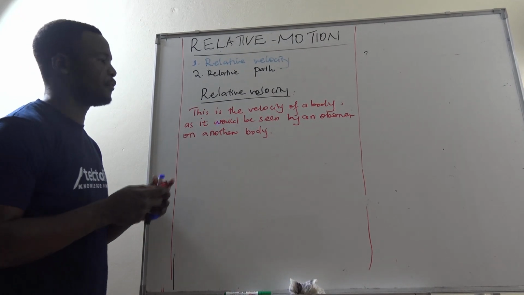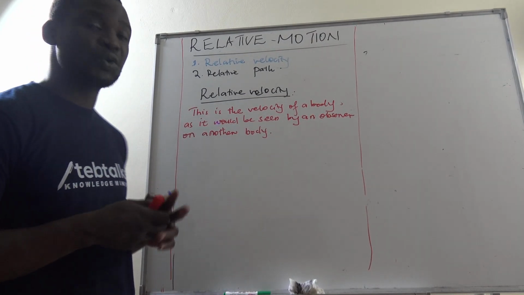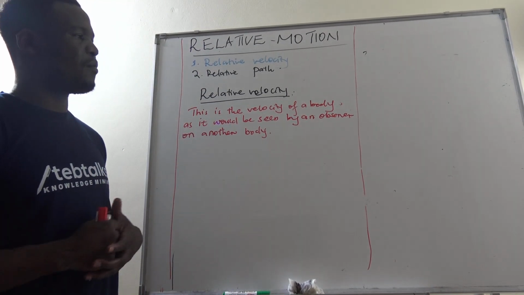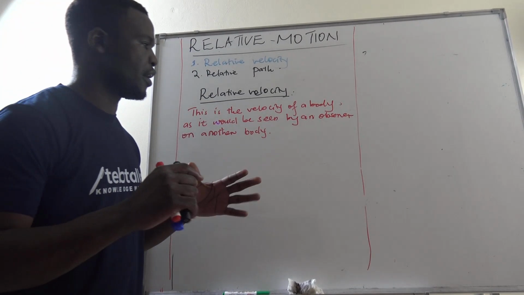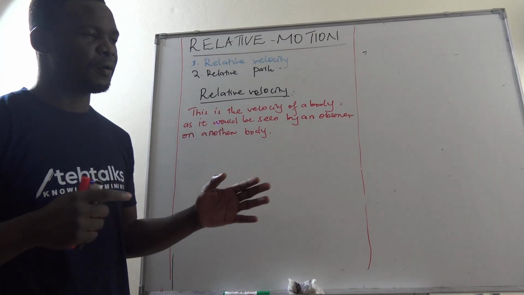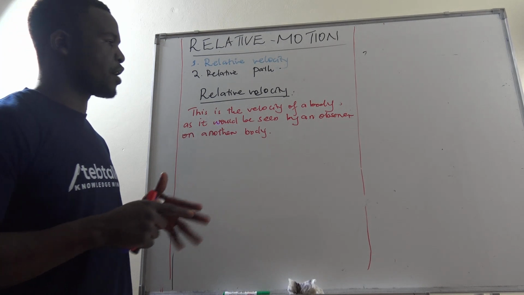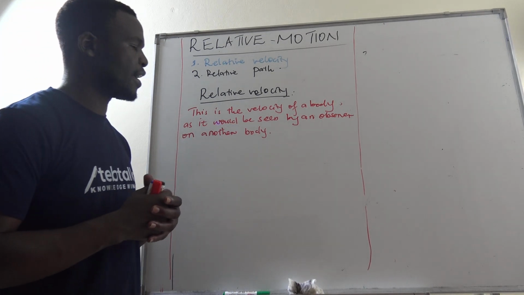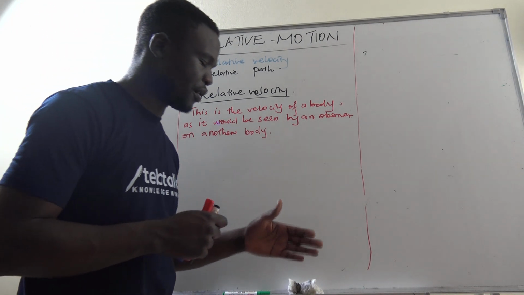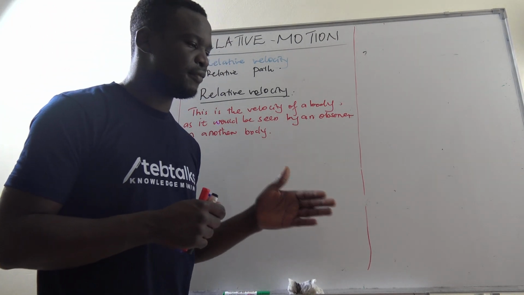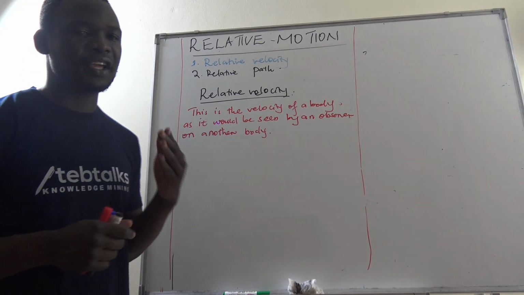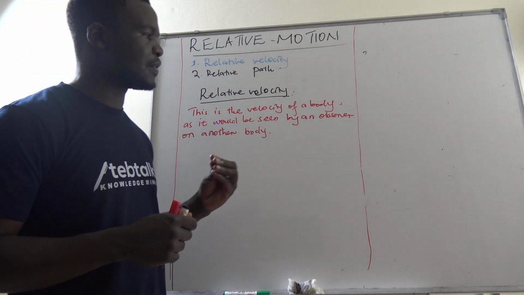That if you have maybe two bodies moving, maybe someone is in a Land Rover and then the other person is in a Primo. If these people are driving on the same path, the velocity with which the driver in the Primo sees the velocity of the guy in the Prado is what we are calling relative velocity.